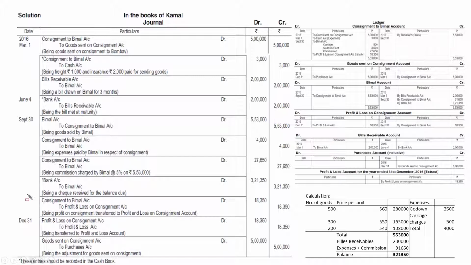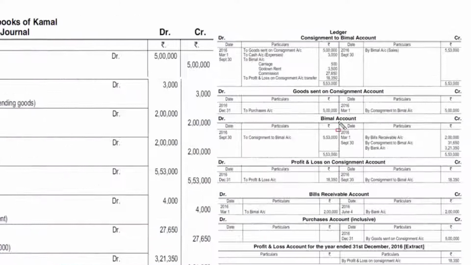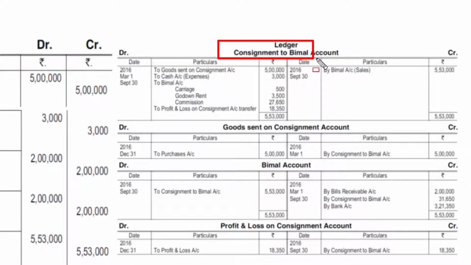For this, we will record this journal: consignment to Bimol account will be debited and the profit and loss on consignment account will be credited. So how will we get that amount? The amount will be the balance of the consignment to Bimol account. What is the balance of the consignment to Bimol account? The balance is 18,350 rupees.